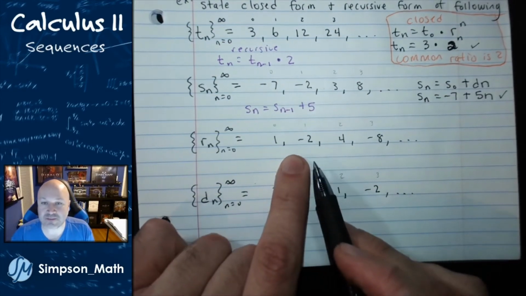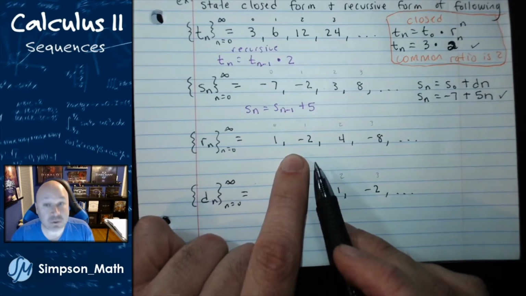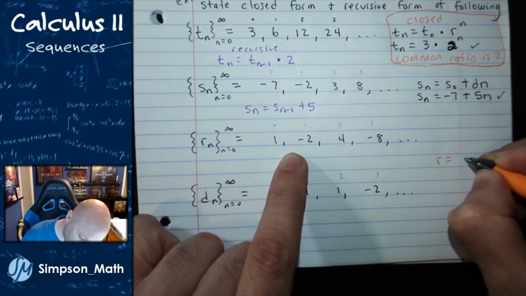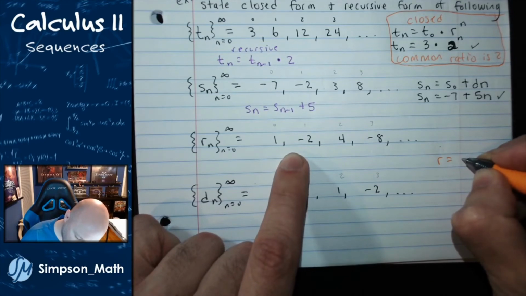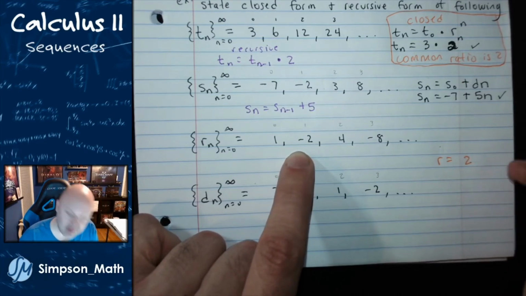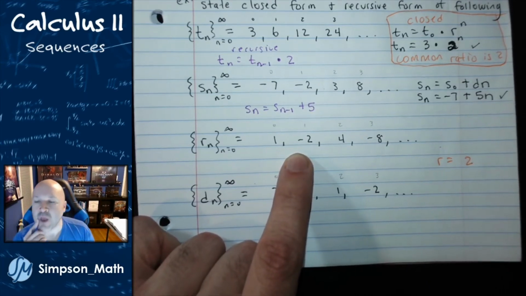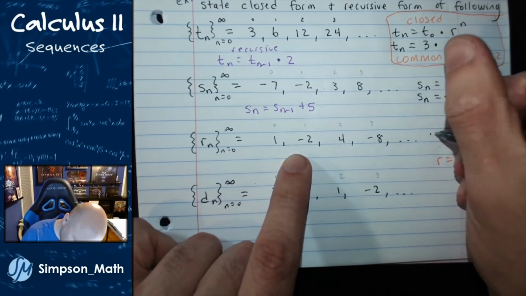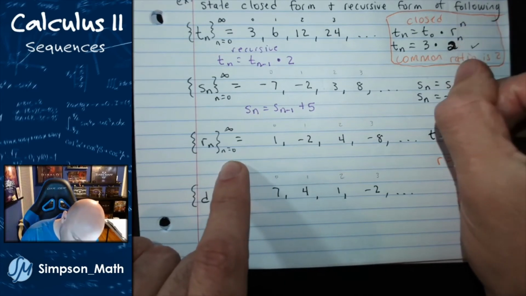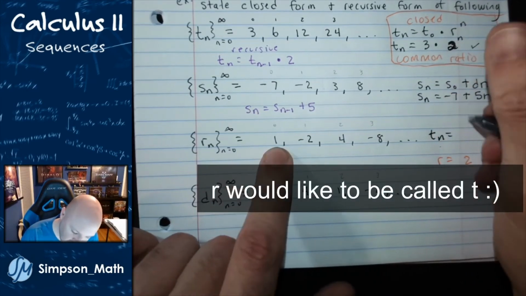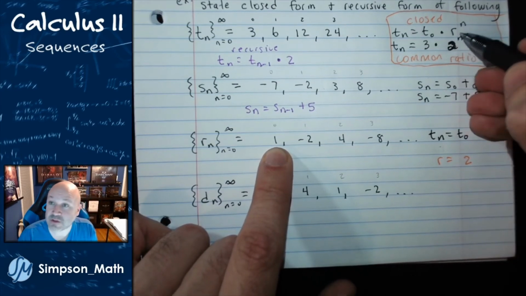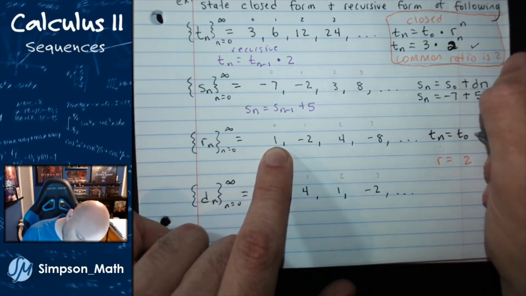Okay, this looks really fun. I am multiplying by 2. Is my common ratio -2? All right, well, I have just a formula for this. The t sub n is the initial term, t naught, times the common ratio to the nth power.